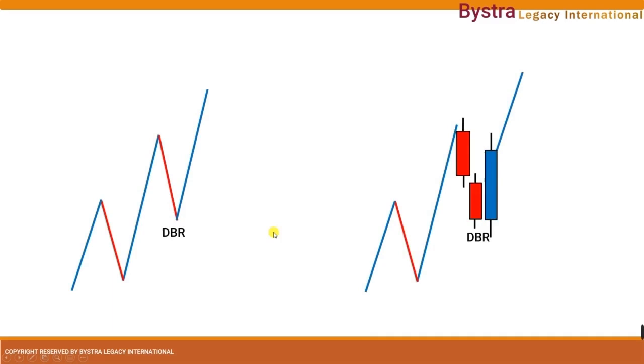So here I'm going to show you another example, whereas the drop base rally is a little bit lower than the capital A. In this case, as you can see, this is drop base rally. So this is our entry point, right, guys? Our entry point. So next thing what we should do is we mark the horizontal line at the capital A. This is capital A, the resistance.